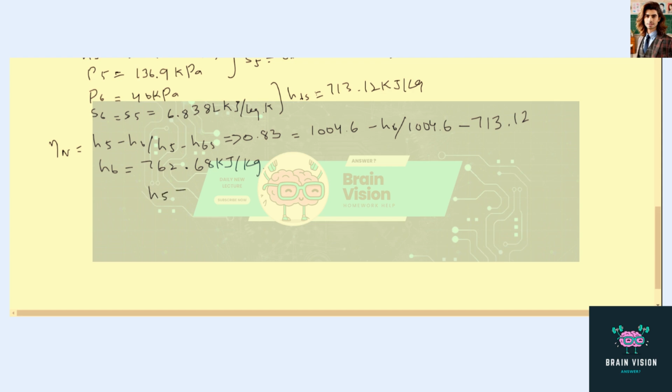Now H5 plus V5 square divided by 2 is equal to H6 plus V6 square divided by 2.